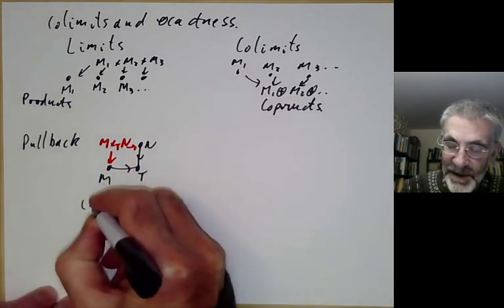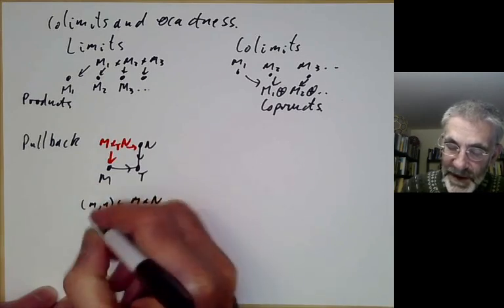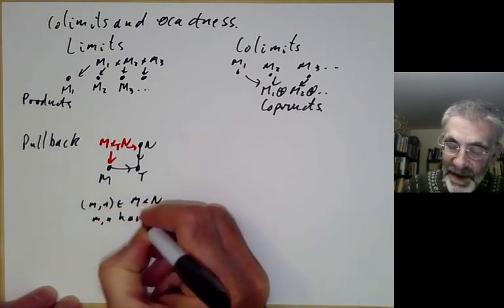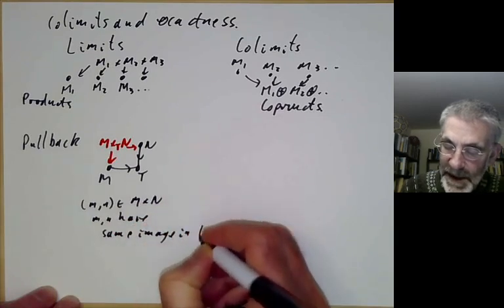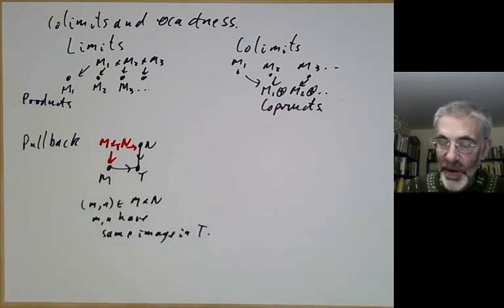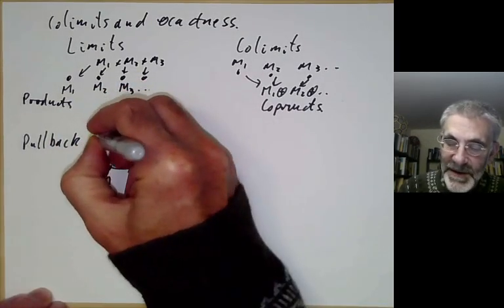So it consists of elements (m, n) in the product, such that m and n have the same image in t. And this also has a universal property. If you've got any other module mapping to m and n, it factors through this.